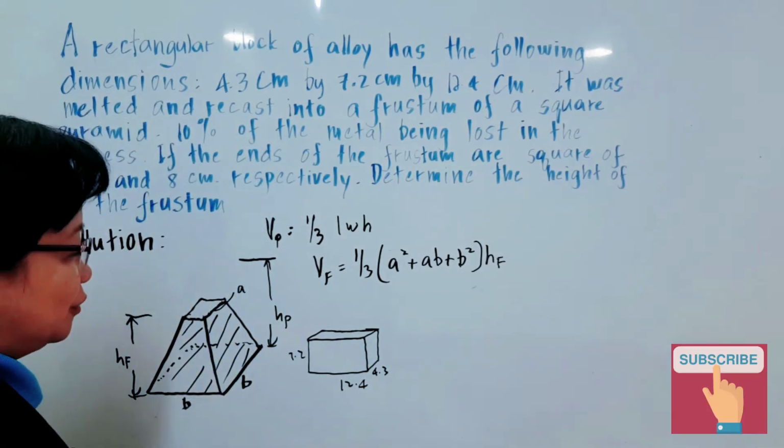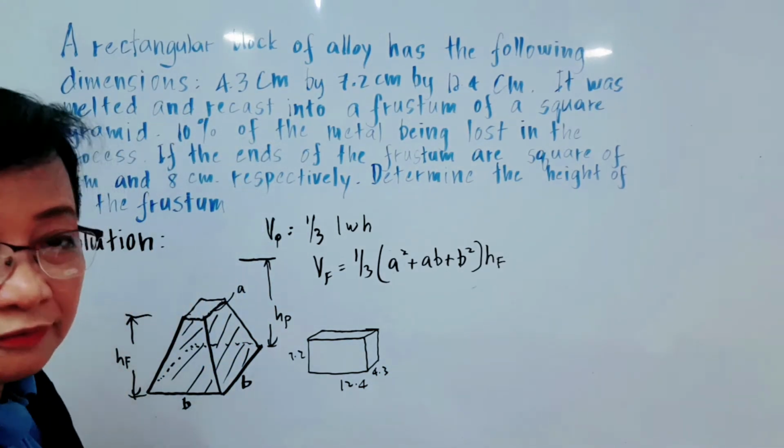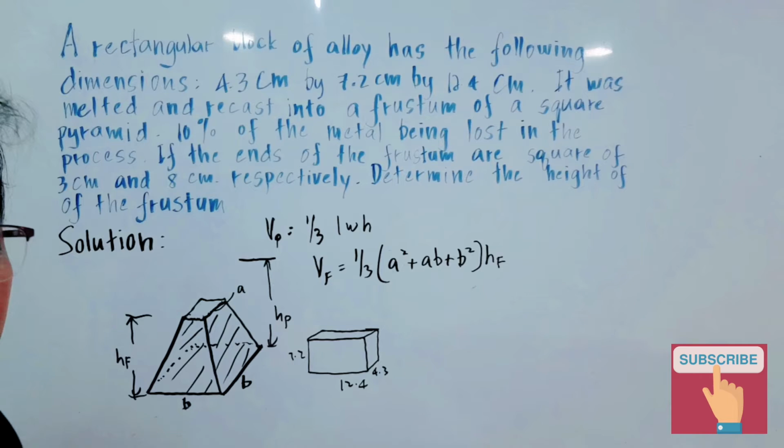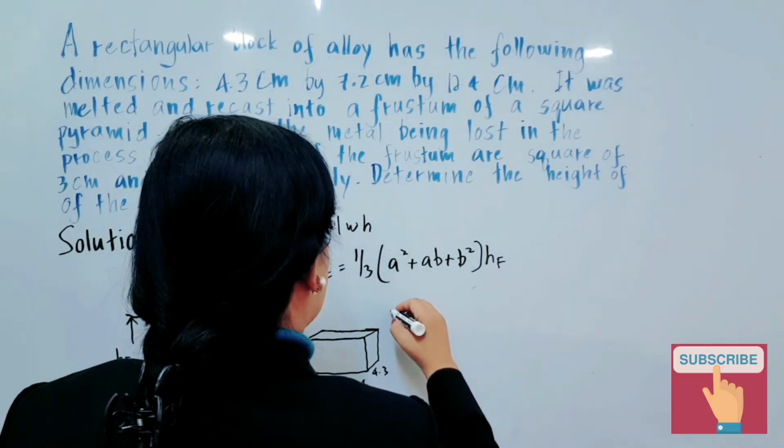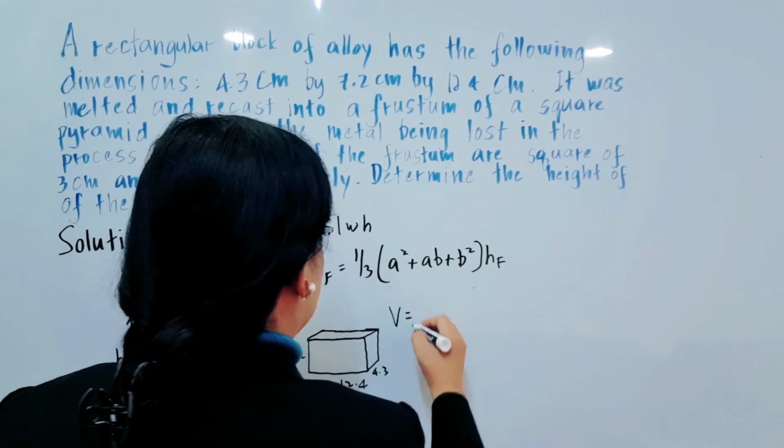So we can take the volume of this metal block, which is equal to the volume of the rectangular block.